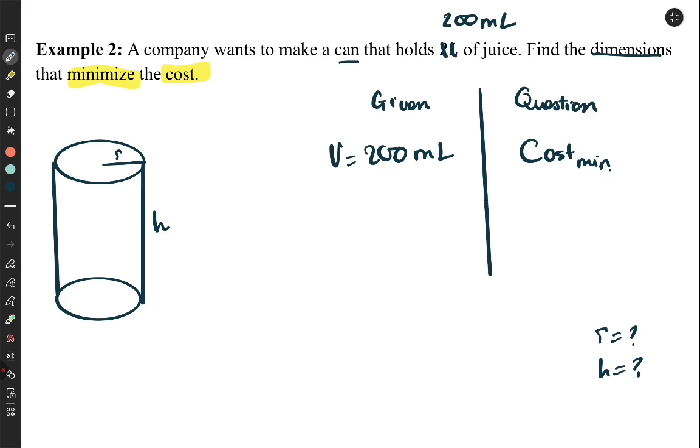As someone who's about to join the workforce in a couple of years, you work in a team and your boss gives you something like that. A can holds 200 milliliters, just this. I want you to minimize the cost to make this one, but at the same time hold 200 milliliters.